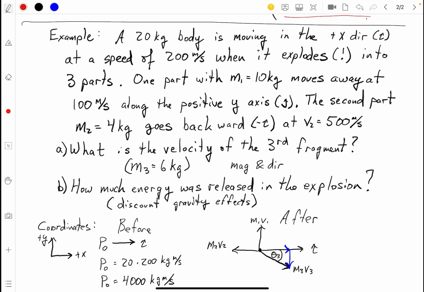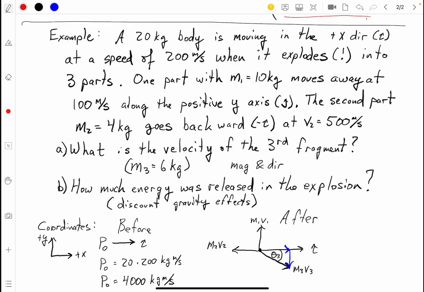We're trying to keep it easy, right? We don't want a bunch of angles and stuff. The second part of the mass gets broken off, and that's part 2, is 4 kilograms, and it's going backwards. It gets shot backward in the minus i hat direction at 500 meters per second.